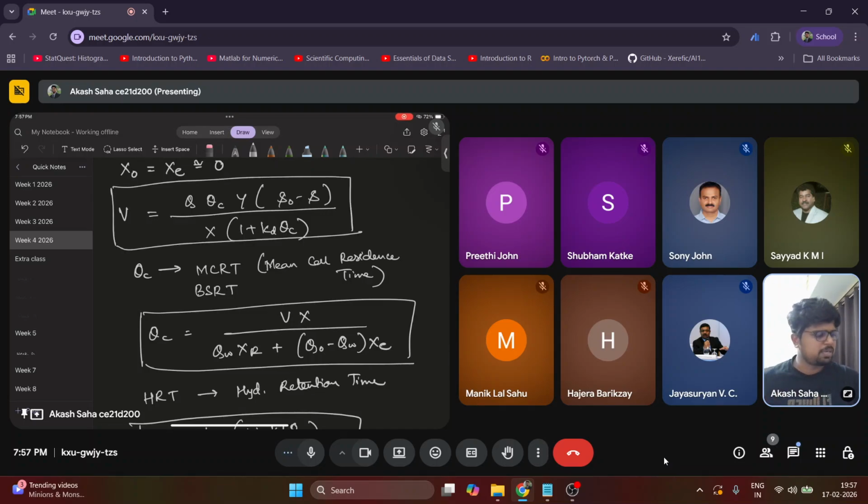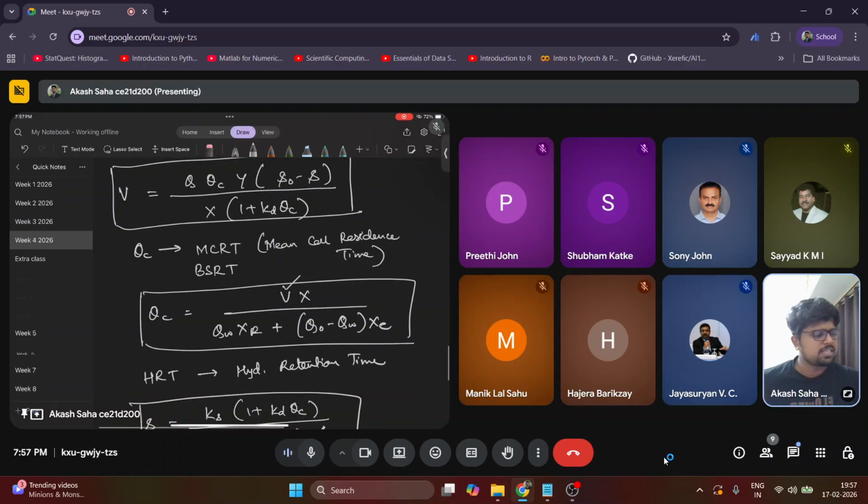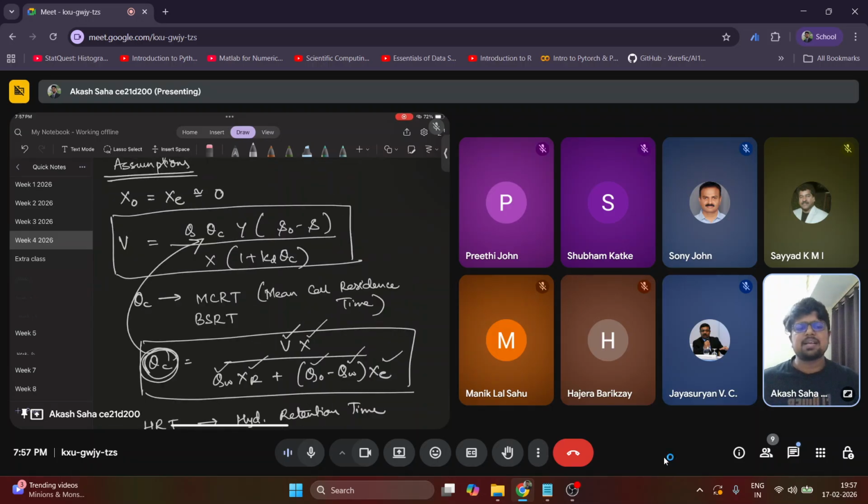You know V, X, Qw, Xr, Q naught, Xc, everything, so you can calculate theta c from here. Once you know theta c, we put it in this equation and calculate V. So many parameters are there: one will be unknown, the others will be provided, and you have to calculate the missing one. Questions will come like that.